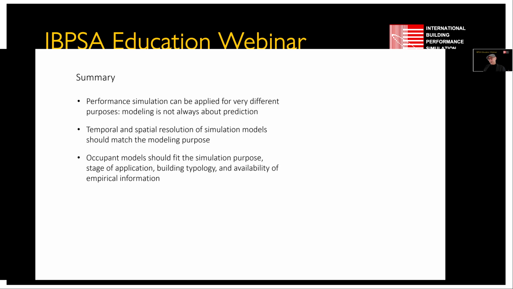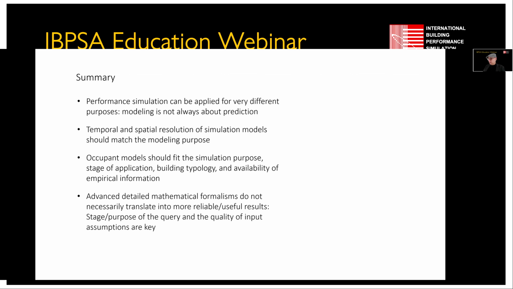And as with the whole models, also these occupant models should logically follow the same principle and take into consideration what kind of building typology, what kind of use case scenario, and what kind of empirical information, what kind of ground truth, is available to justify the level of detail that we introduce in the occupant models.